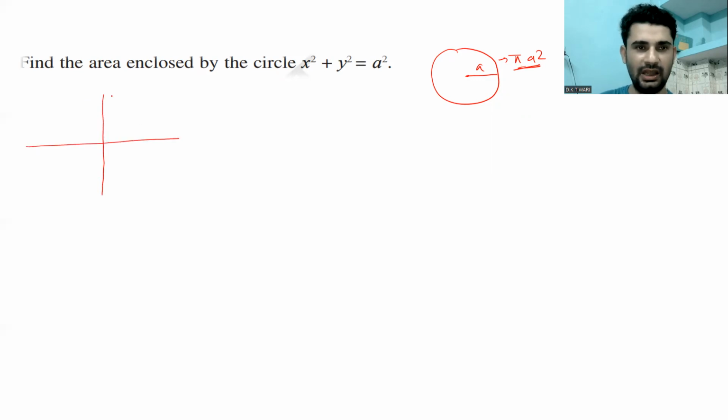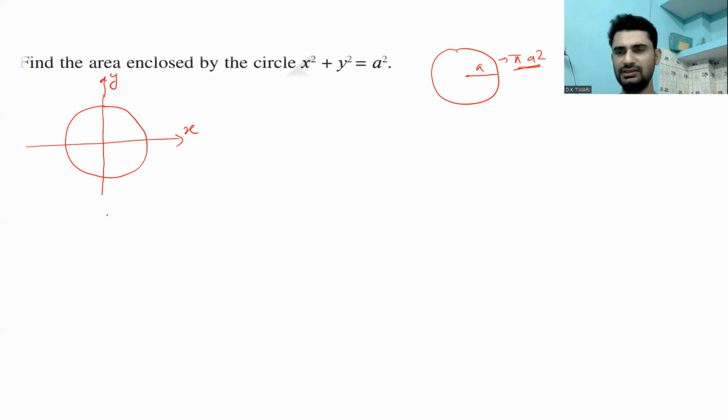This is a circle having center at origin. This is the y-axis and this will be the x-axis. How can we calculate this area? It is very clear that this circle is divided into 4 equal parts, because this is a circle centered at origin.